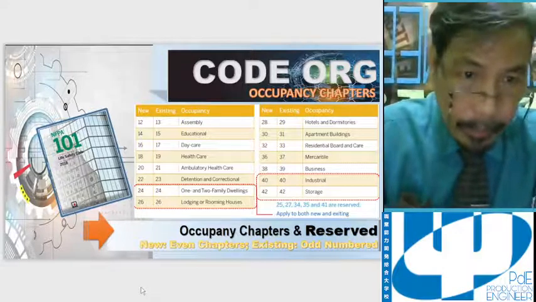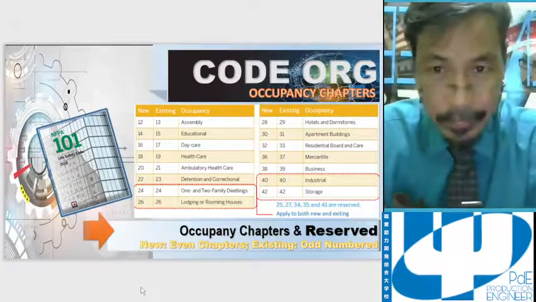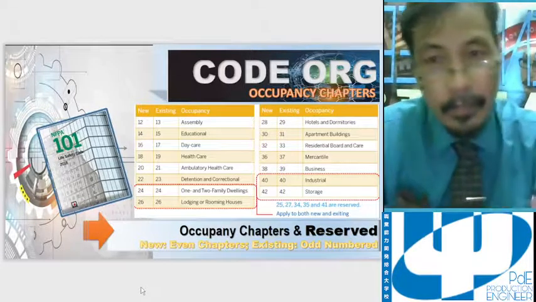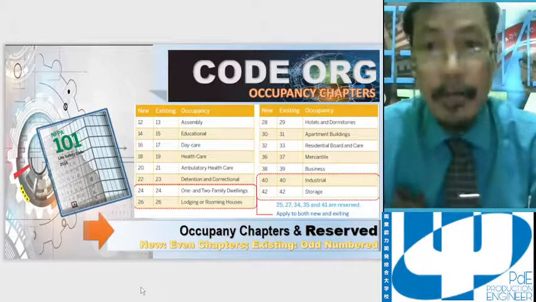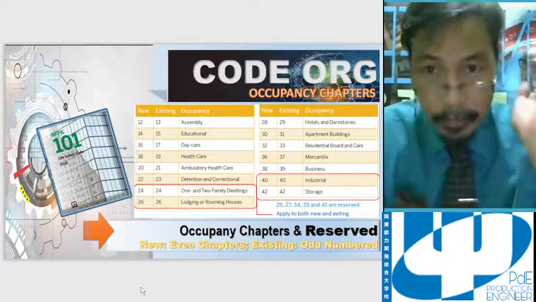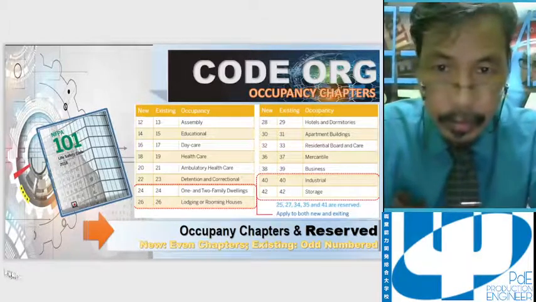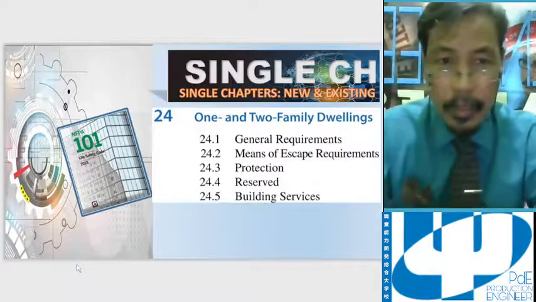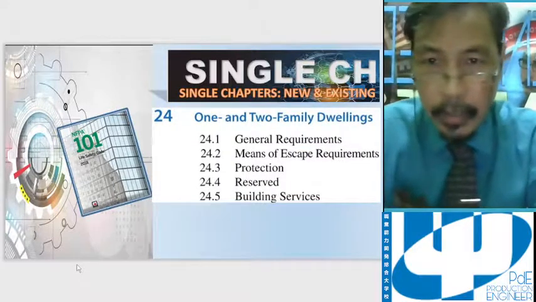So there are 5 chapters which are reserved. If you add the 5, total chapters are 43. So let us go back to chapter 24, which is about 1 and 2 family dwellings.